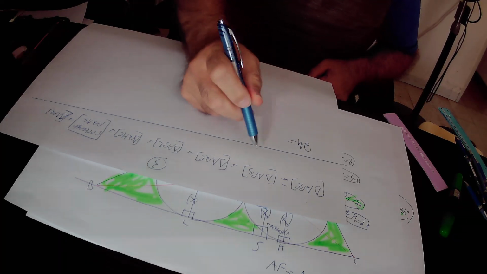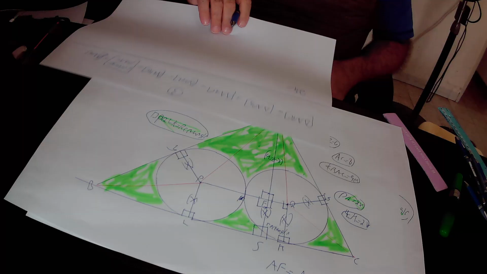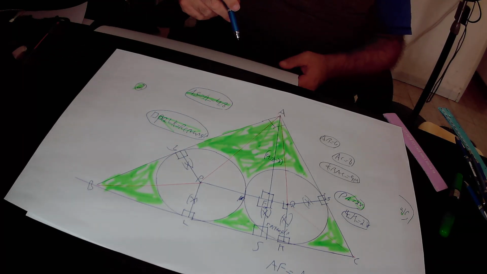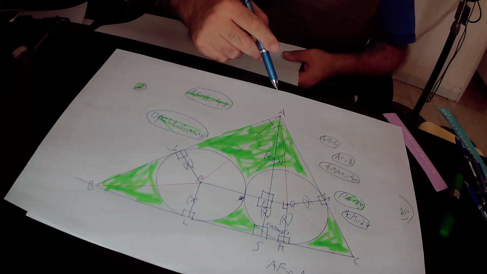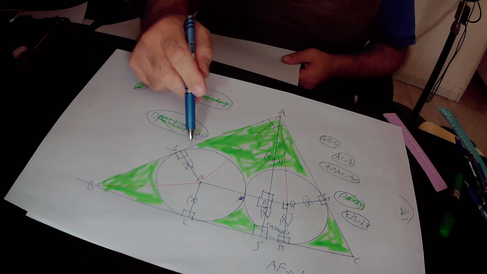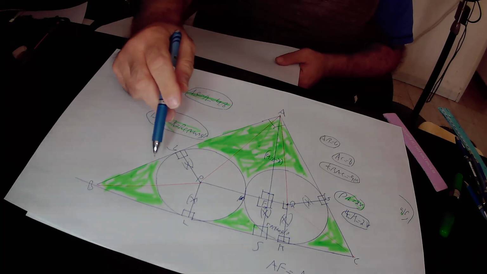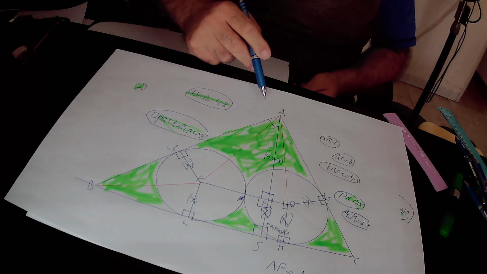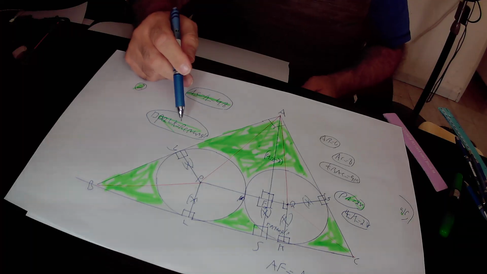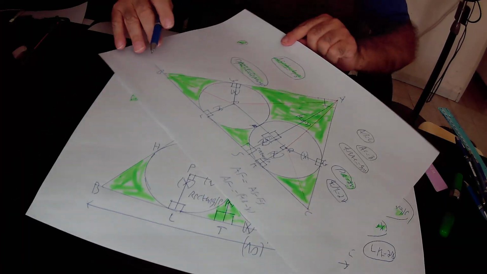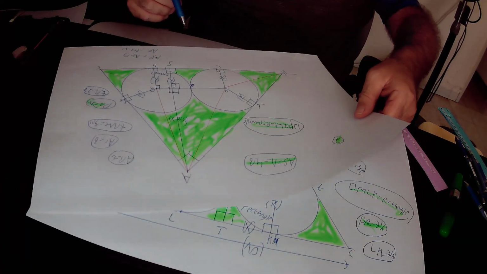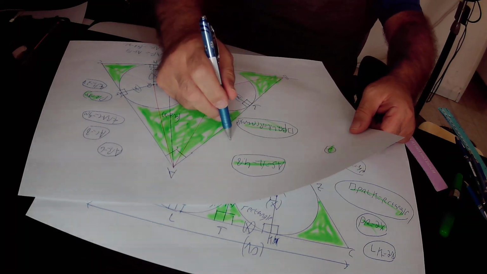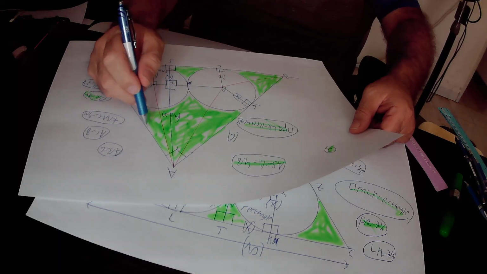So 24 equals the area of triangle APB. What is the area of this triangle APB? On the drawing, it is very easy to say that the area of triangle APB equals the base AB times the height TP over 2. AB is 6 according to the given data.